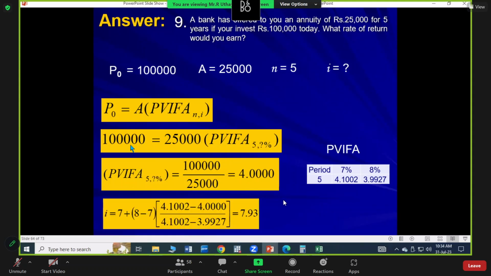So the linear interpolation is set like that, and 7.93% is the answer.